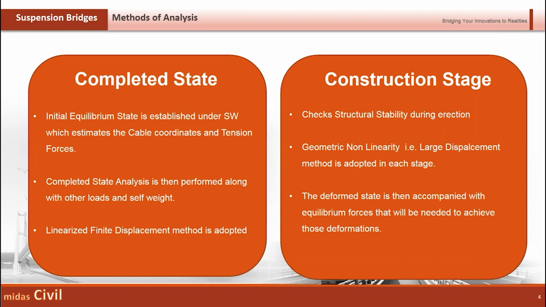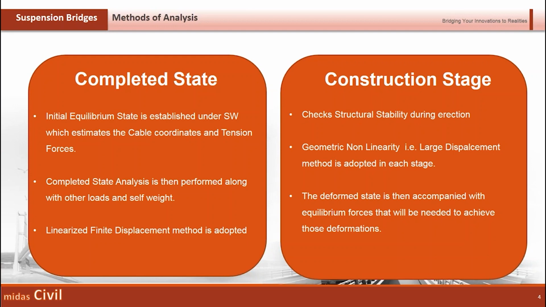Once you have gone through the initial equilibrium state, then we can modify the model and give some extra boundary conditions. You can do some other things, and then again do another initial equilibrium state analysis to get the final cable coordinates and the tension forces inside the cables.